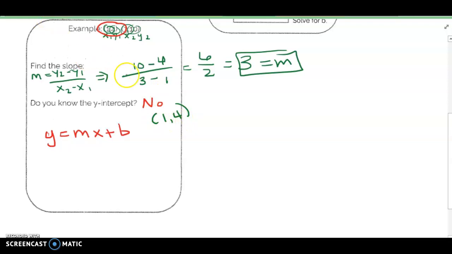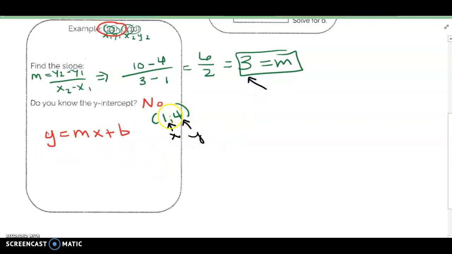Okay, so I know everything except the b in here, so I'm going to find the b, and then we're going to write it in slope-intercept form. Okay, so if I look at this, this is my x, this is my y, and this is my m. I don't know my b, but I can find it.